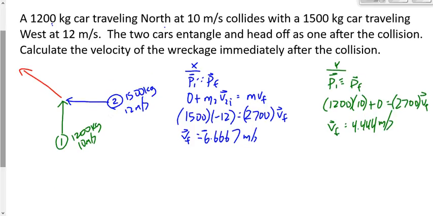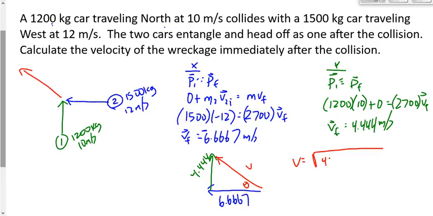So let's combine them here now: 6.67 and 4.4. Solve for V and solve for theta. V is the square root of 4.44 squared plus 6.667 squared. And theta is the inverse tan of opposite over adjacent.